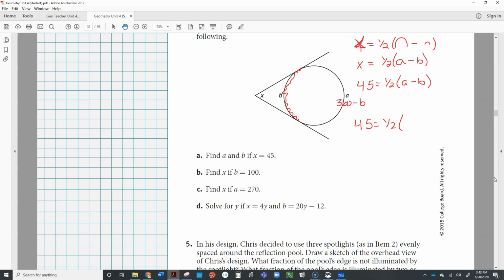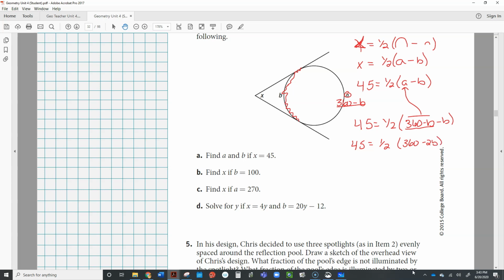Because if we don't use the variable A, but instead we use 360 minus B, then this right here is what went in the place of A. And why is that helpful? Because now we have an equation that only has one variable in it.